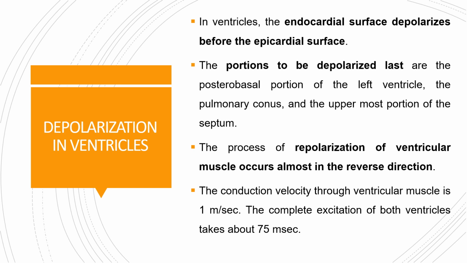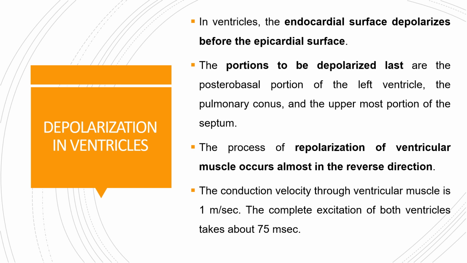The portion to be depolarized last are the posterior-basal portion of the left ventricle, the pulmonary conus, and the uppermost portion of the septum. The process of repolarization of ventricle muscle occurs almost in the reverse order. The conduction velocity through ventricular muscle is 1 meter per second.